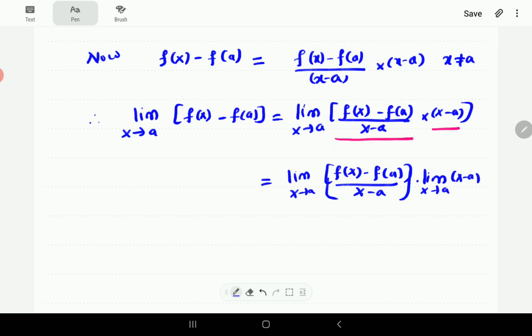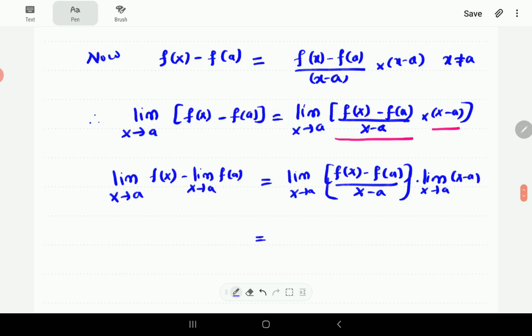And this one is as it is; it is like the limit of f minus g, so I can separate the limits here also: the limit of f of x minus the limit of f of a as x is tending to a.